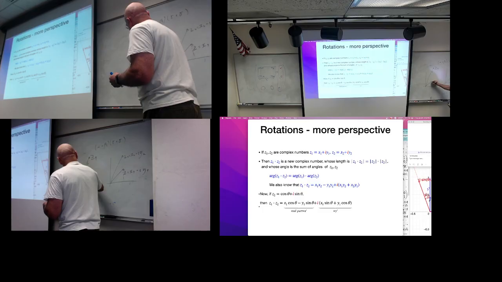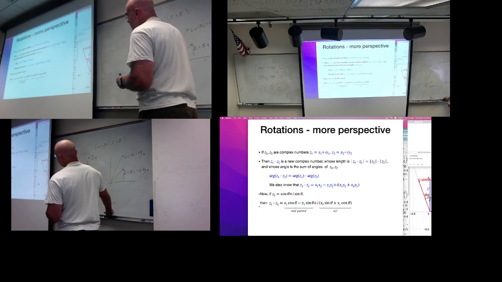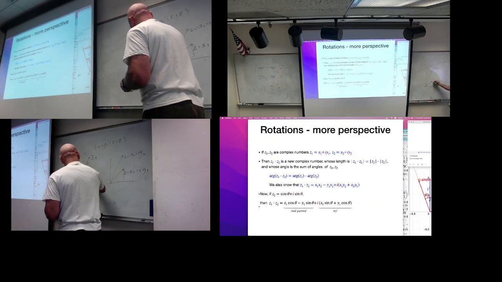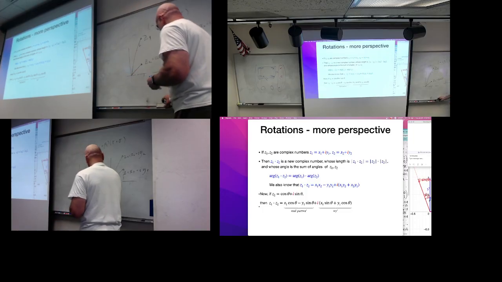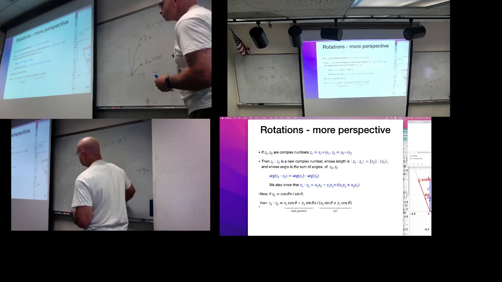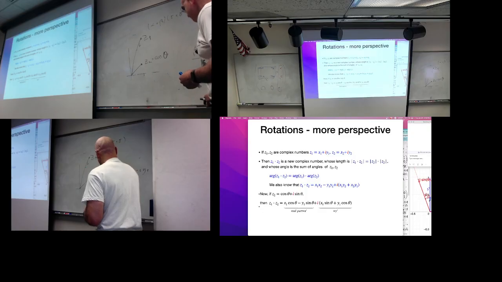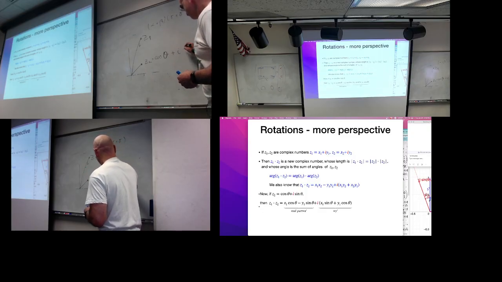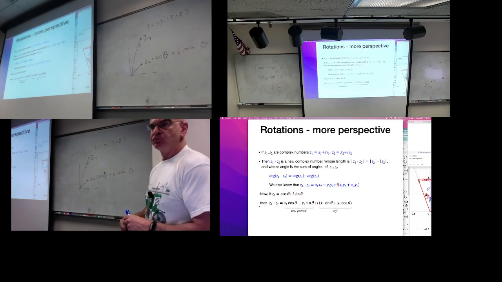But now I want to multiply it by the following complex number, which will be Z2, which is cosine theta. So its x value is cosine theta, and its imaginary, its y value, I sine theta.